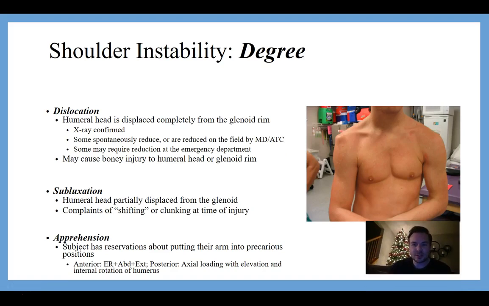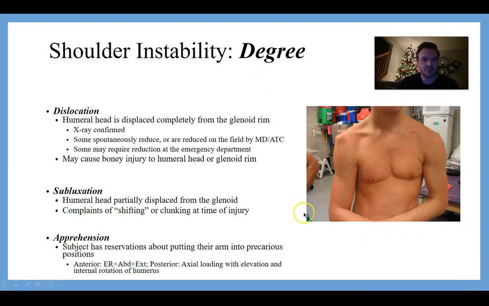Degree is another one of those things that we think about with shoulder instability. So degree, there's three types of possibilities here with this injury, and we're thinking about anterior instability, or really anterior or posterior. But if we start from the bottom and work our way up, apprehension is the first one. So just getting to a position where you don't feel like your shoulder wants to go any further, you feel like something bad may happen.